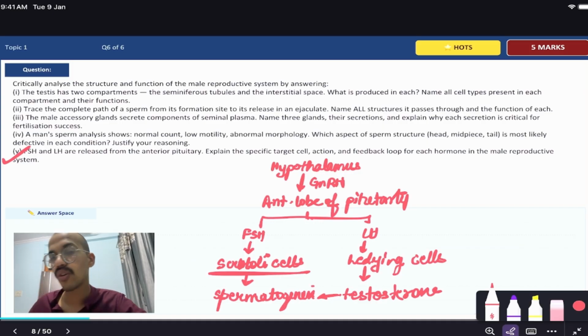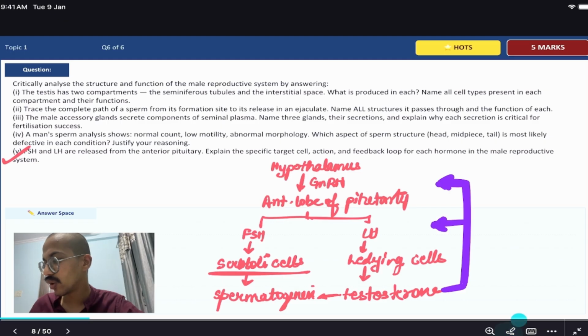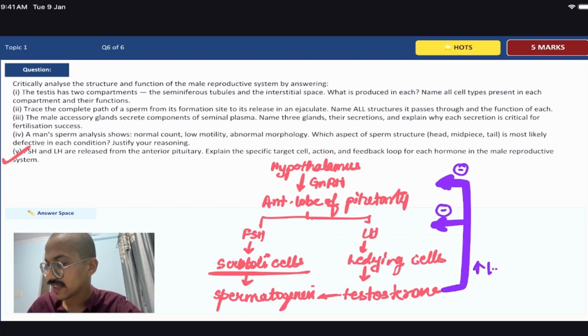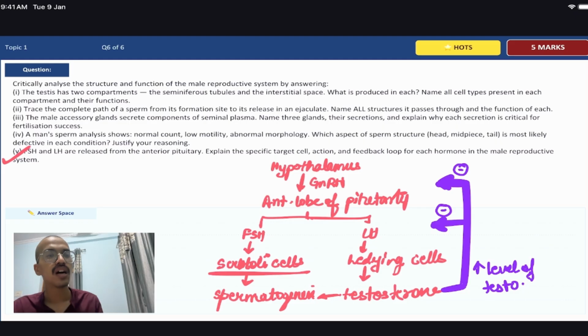Now, when the testosterone level increases, it gives a negative feedback to both of these. So the increased level of testosterone will give a negative feedback. But if it is reduced, it gives a positive feedback.